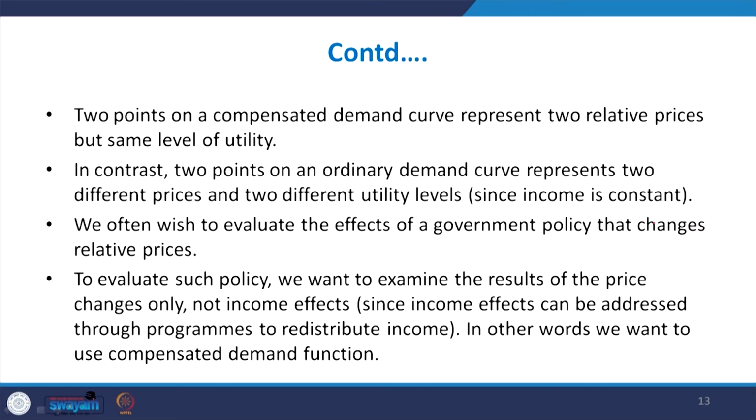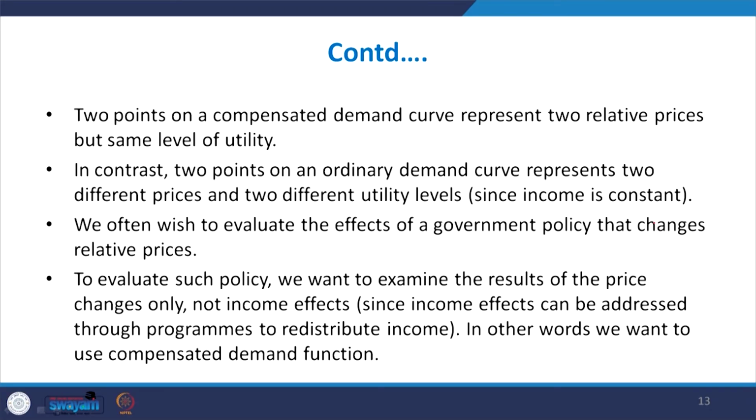In contrast, 2 points on an ordinary demand curve represent two different prices and two different utility levels, since income is constant. Try to understand, since income is constant, a change in the price of the product will lead to a change in the utility achieved or obtained by the consumer.